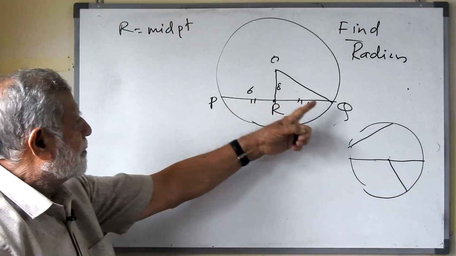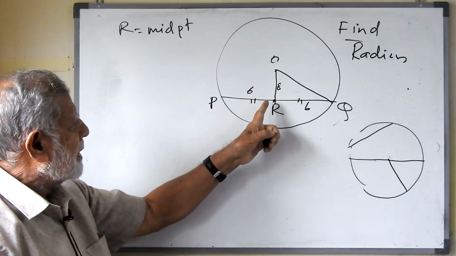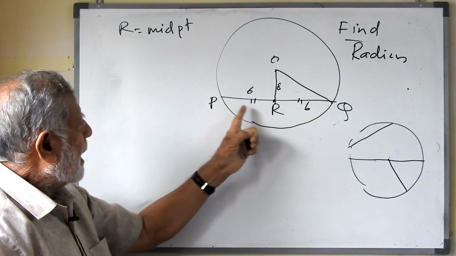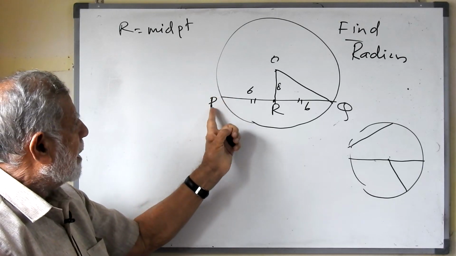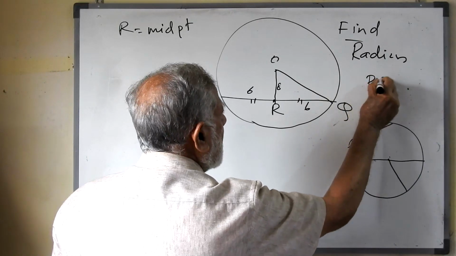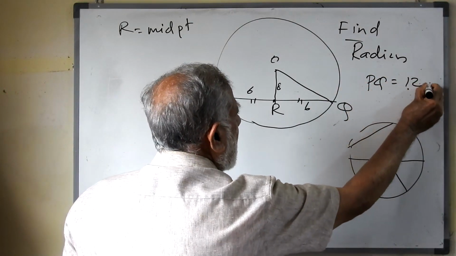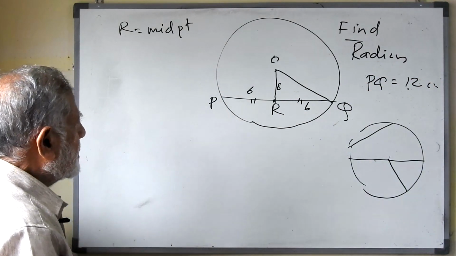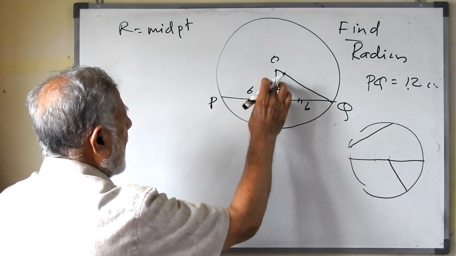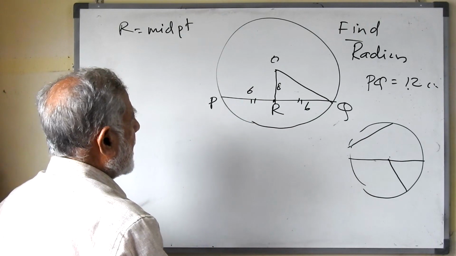The radius is OQ. So, we straight away apply the Pythagoras theorem here. PQ is the chord, and they have given the chord as 12 centimeters. R is the midpoint, so PR equals RQ equals 6, and they are given OR as 8.